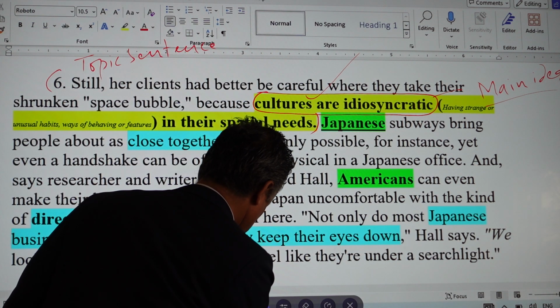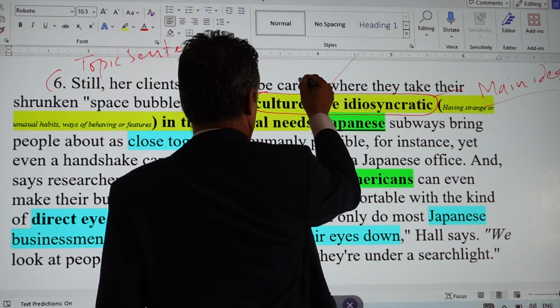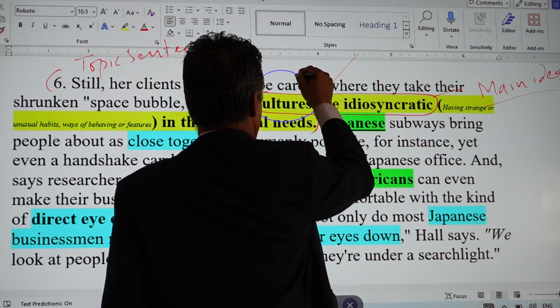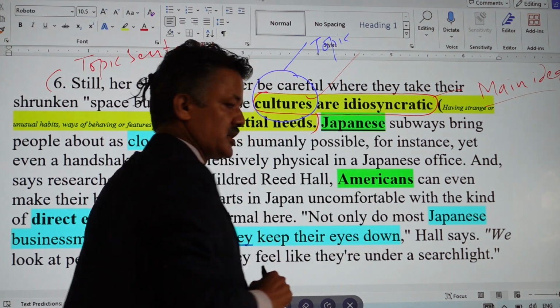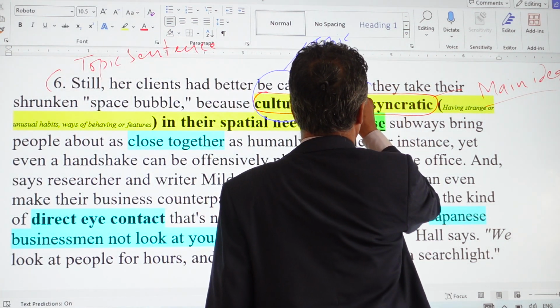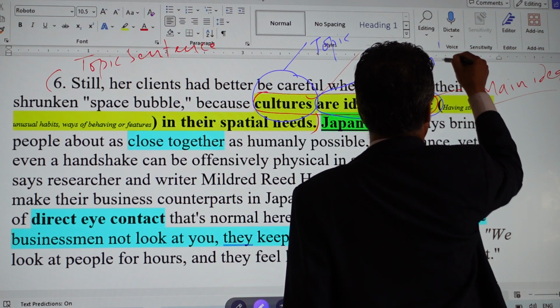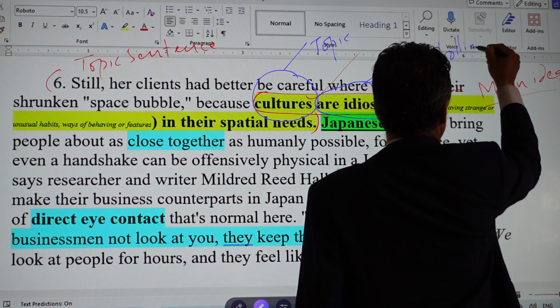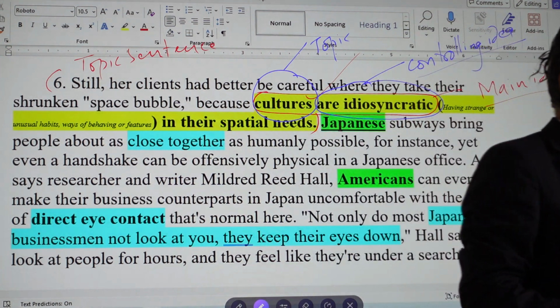Where do they have color? Okay. For example, the word culture here is topic. This is topic. And the word idiosyncratic, this is called controlling idea.